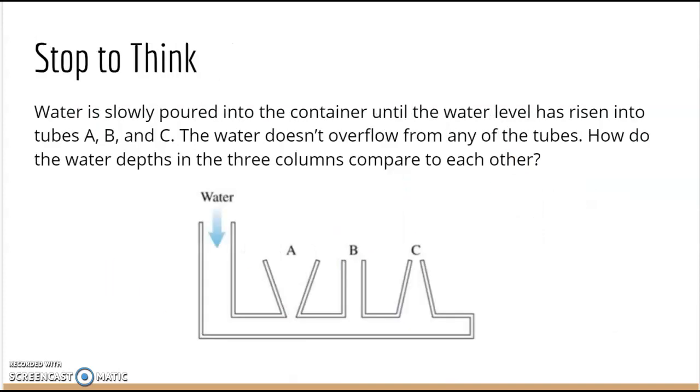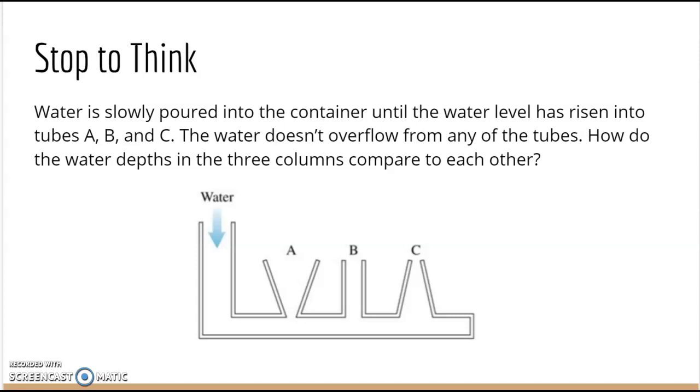All right, question for you guys. Let's suppose we have water being slowly poured into this container, and the water level has risen into the tubes in A, B, and C. Water does not overflow from the tubes, and let's assume that the water has stopped pouring and everything has settled. How do the water depths of the three columns compare to each other?